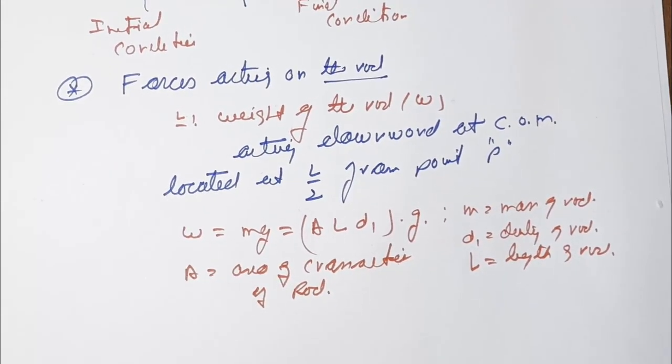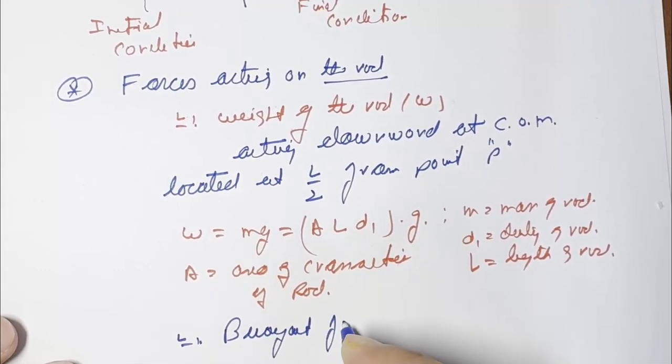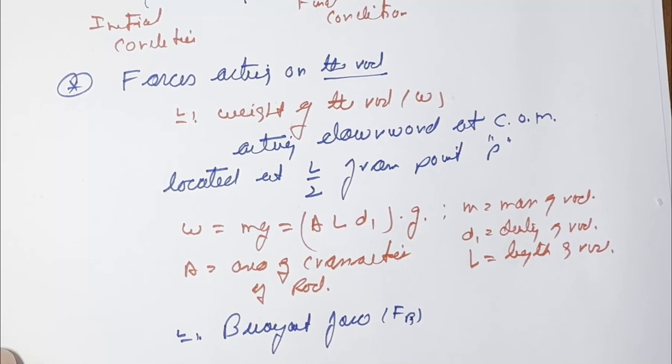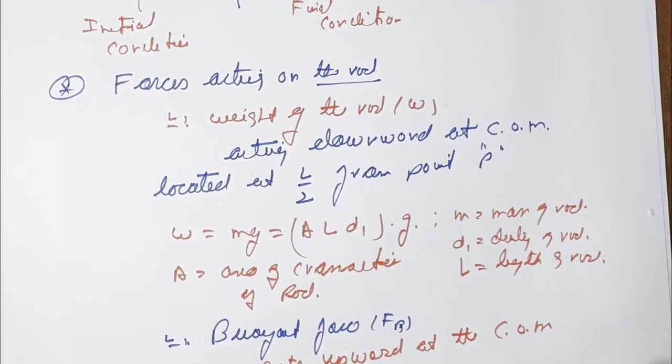Next we are going to find out the buoyant force. Let us call that FB, and this acts upward at the center of mass, as the rod is homogeneous and the liquid is also homogeneous.